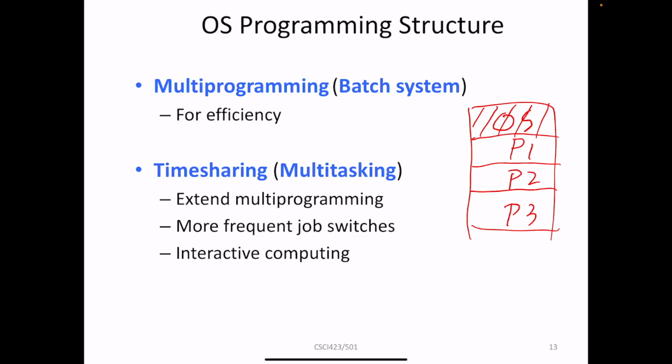Comparing the time sharing and multi-programming structures, time sharing can provide more interaction and response. However, since time sharing sacrifices efficiency a little bit, if you want to maximize efficiency, maybe multi-programming is the best choice. That is why most supercomputers still use multi-programming as their programming structure right now.